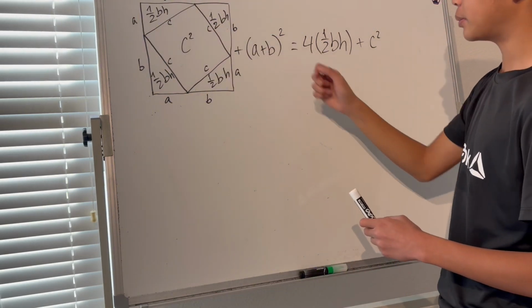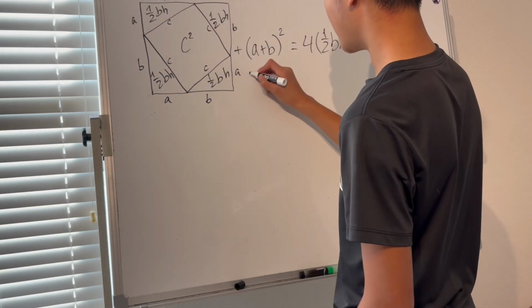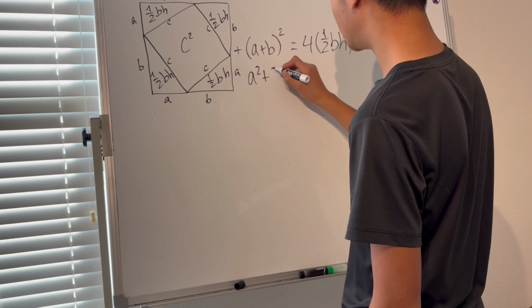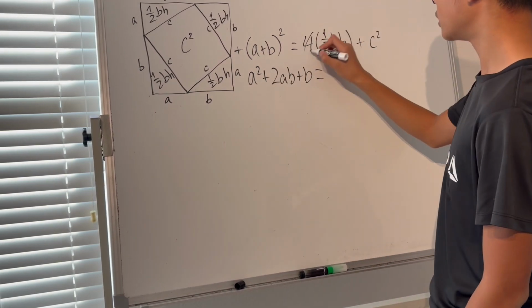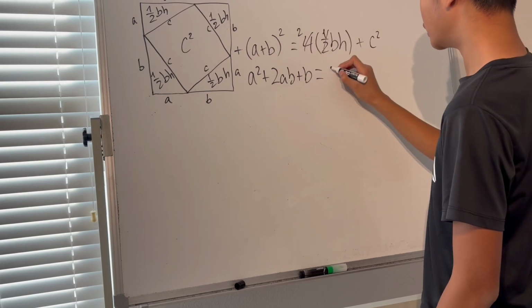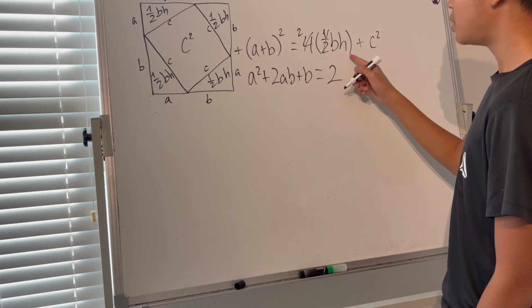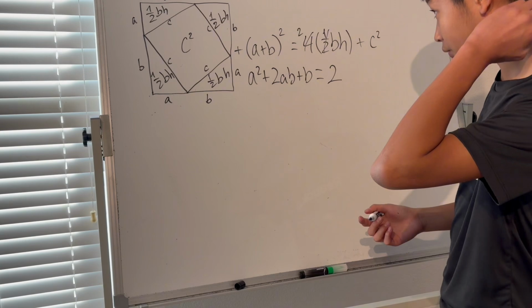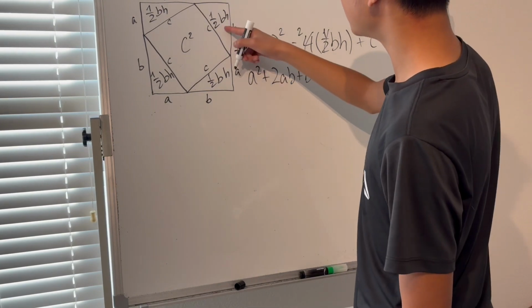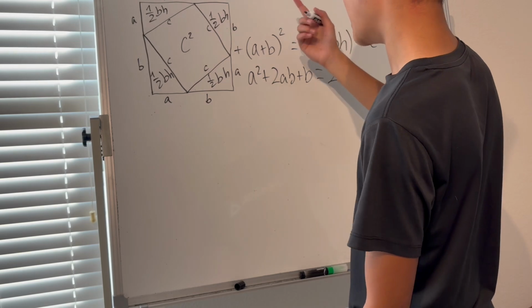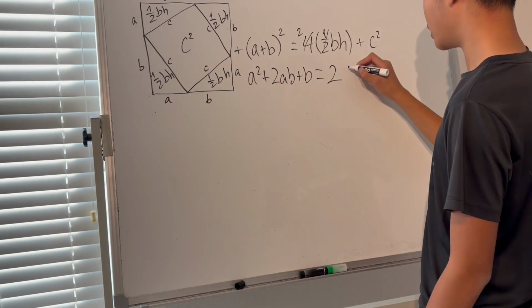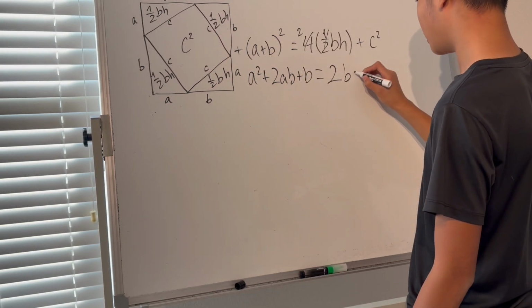Okay, expand this, so you get A squared plus 2AB plus B squared. These cancel to a 2, so you get 2BH. B is basically right here, and H is basically A, the height. So we just write BA, of course.